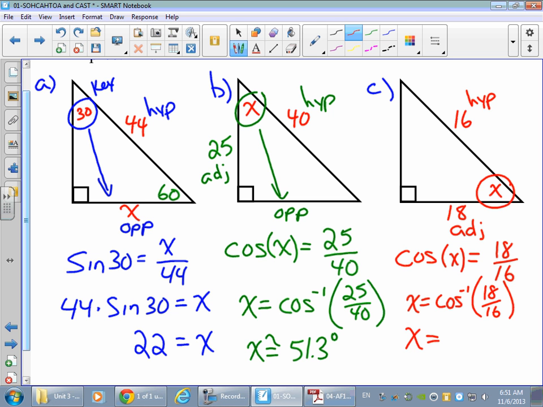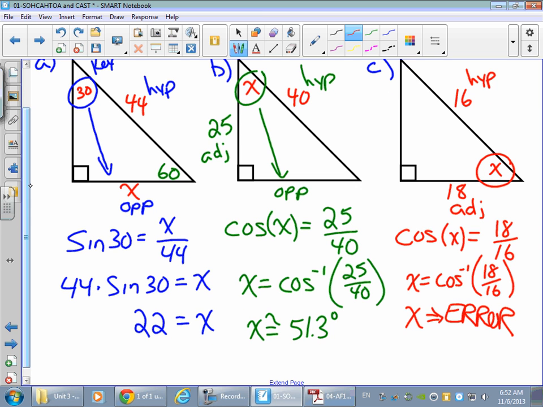And what? Error. Of course, the reason for that, if I look at the numbers that I started with, 18 was my adjacent, 16 was my hypotenuse.